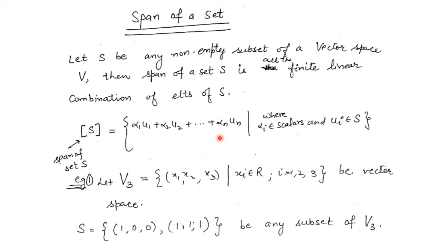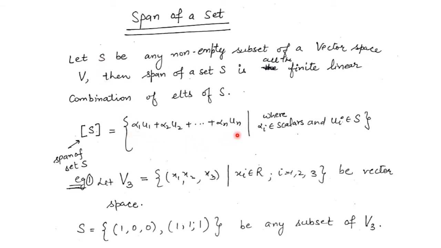Let's suppose our S has infinite elements, say u1, u2, u3 and so on. But we have considered only u1, u2 up to un, only finitely many elements of S, and take their linear combination with scalars.